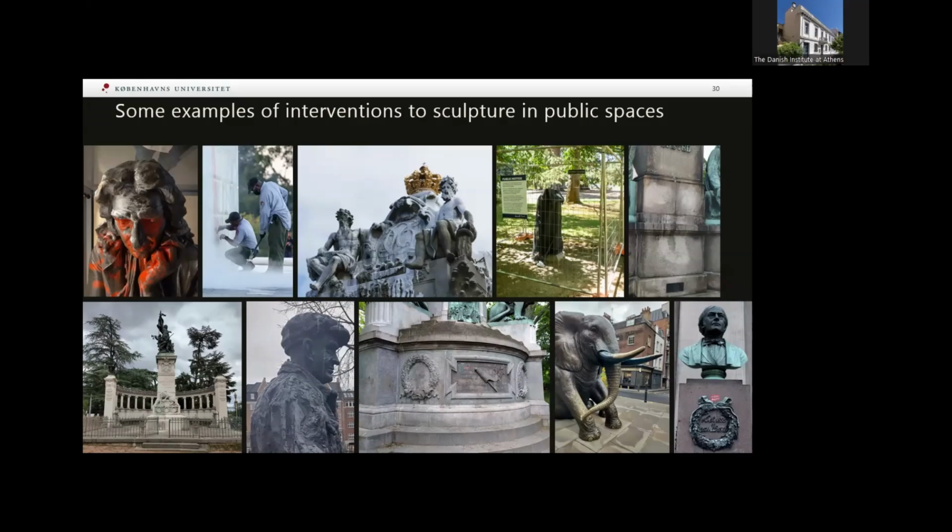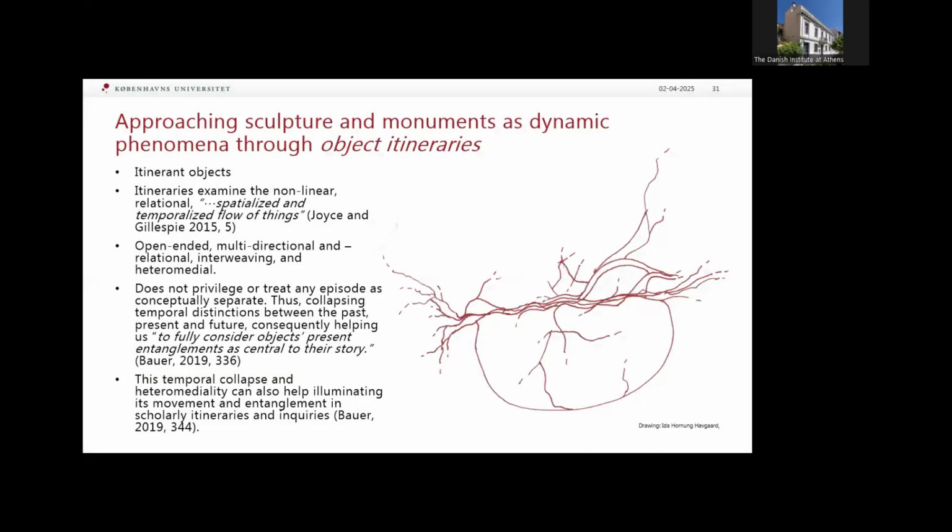I think one of the things that I found quite useful is the theoretical and methodological approach of thinking of them as itinerant objects, to better understand these entanglements over time.